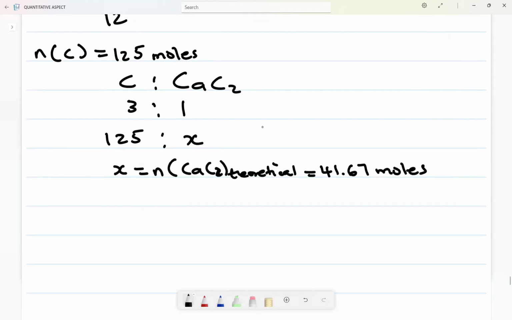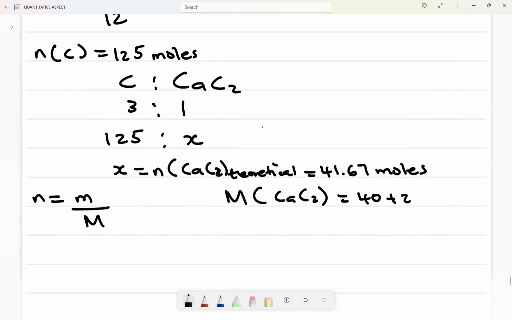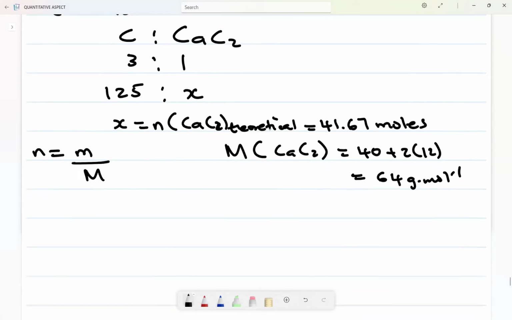Moles. Okay, now that I know the number of moles of calcium carbide theoretical, I can get the mass of calcium carbide. The molar mass of calcium carbide: calcium is 40 plus carbon 2 times 12, then I get something like 64 grams per mole. Then the number of moles of calcium carbide is 41.67, and the mass is unknown.